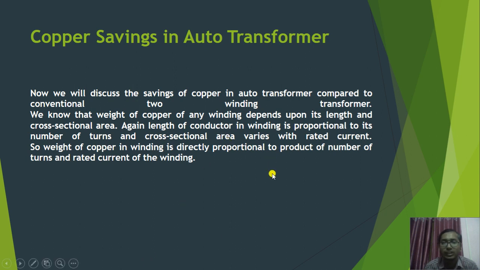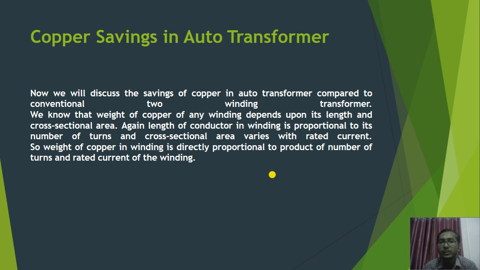As we know, the weight of a conductor depends upon two things: the length of the conductor as well as the cross sectional area of the conductor. The length of a conductor is directly proportional to the number of turns in an auto transformer or any transformer, because as we increase the number of turns in a winding, the length of the conductor will increase, thereby increasing the weight of the conductor.